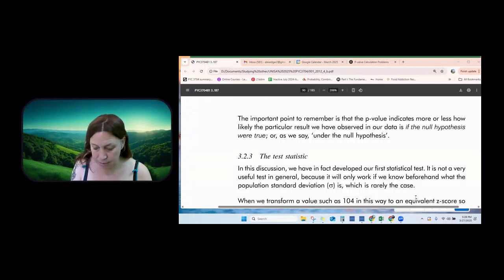It tells us the z-score, which we can then translate into the p-value score. Okay, so test statistic is where we get the z-score and the p-value score. So a test statistic is a test to work out whether our statistics are useful or not.